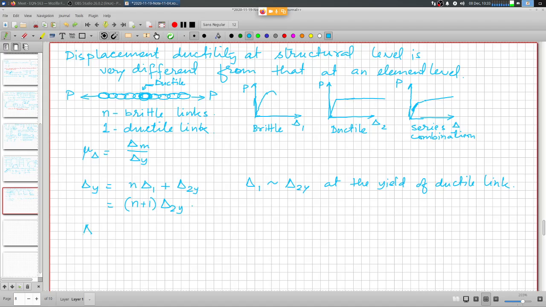So delta m is equal to n times delta 1 plus delta 2. Most of the deformation after this point is going to concentrate here, isn't it?